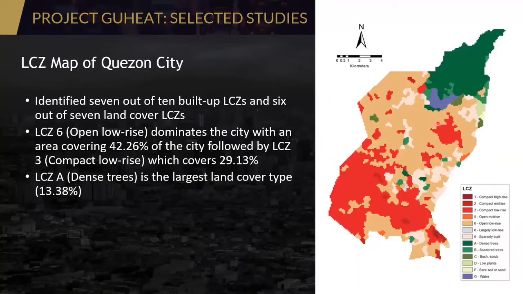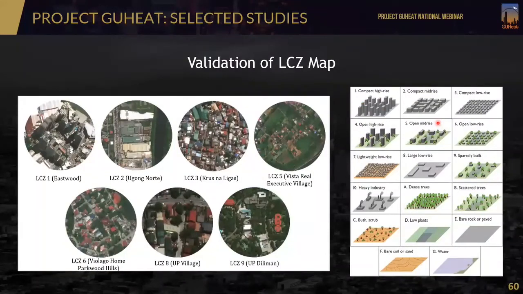So for Quezon City, these local climate zones have been identified: 7 out of the 10 built-up local climate zones and 6 out of the 7 land cover climate zones. We can see those red areas, those are the compact high-rise to low-rise. So these are what the local climate zone areas would look like in a particular image.